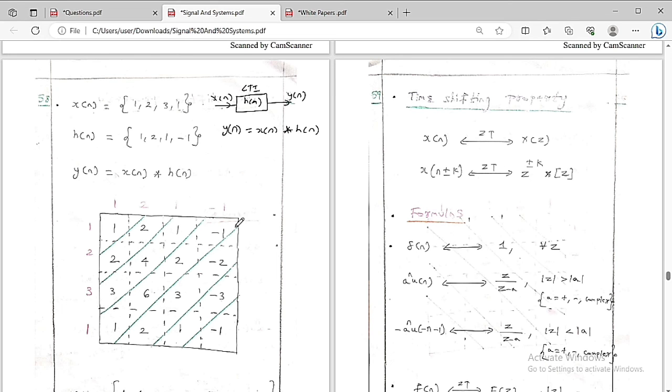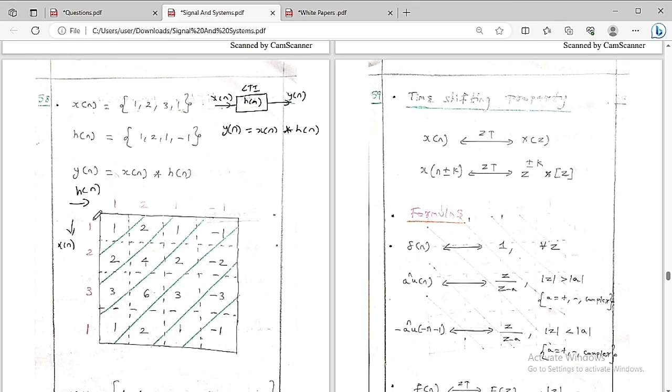The tabular method is very simple. You can take x of n here, or h of n here. In this I will take the x of n values, which are 1, 2, 3, 1. In this I will take the h of n values, which are 1, 2, 1, minus 1.